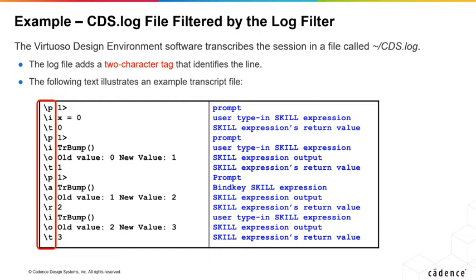The /o is the output of the skill command. /t is a return value again, another prompt, and then the /a indicates an expression that was activated by, say, a bind key or a menu, but again an input, and so on. So we see various types of inputs and outputs.